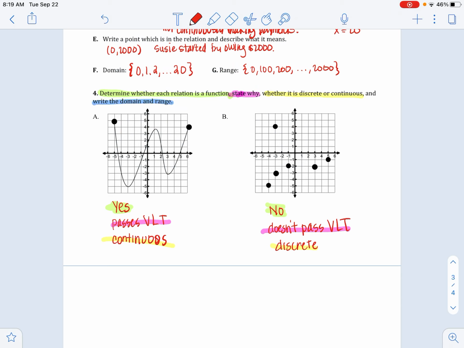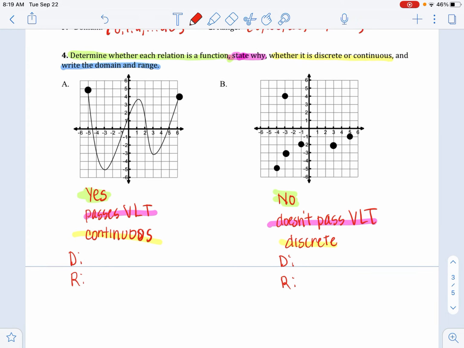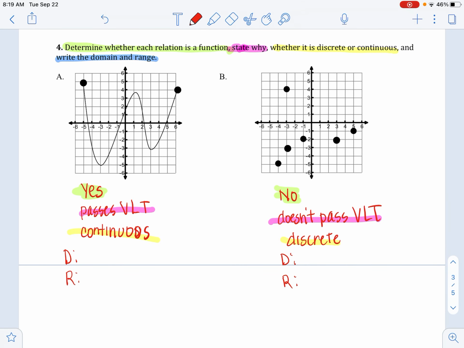Last, state the domain and range. All right, so I need domain, range. Okay, so A is continuous. So remember, I just write two numbers. I write the first number, the lowest number, the highest number, and then use brackets or parentheses. So I'm going to start with my domain, which is my x values. So it goes from here to here and everything in between.